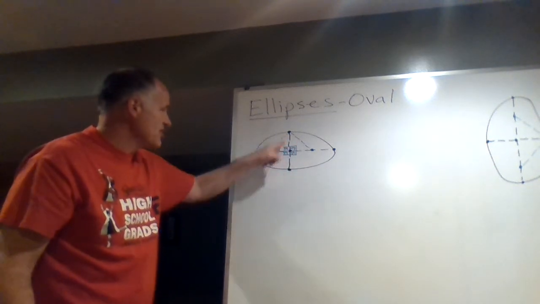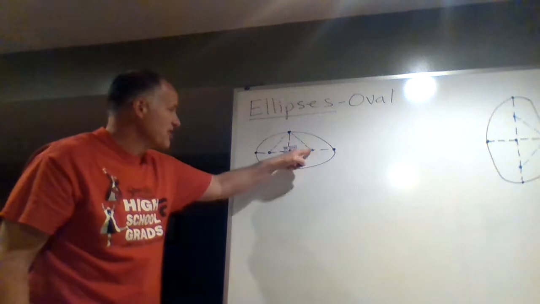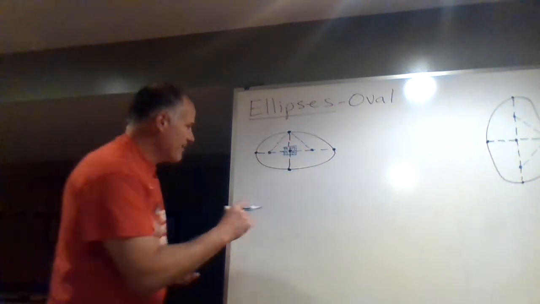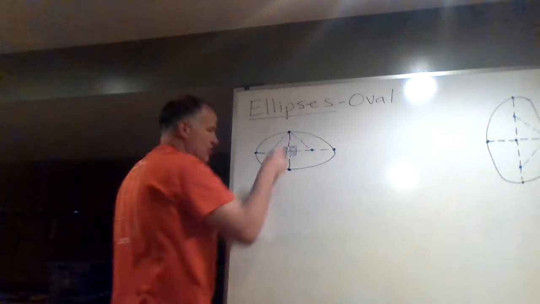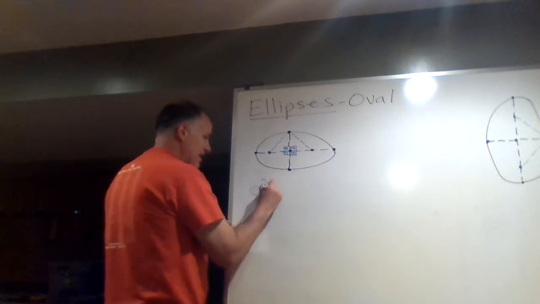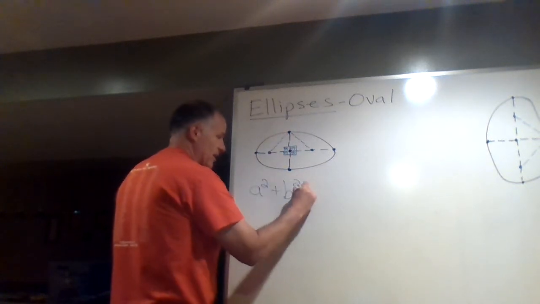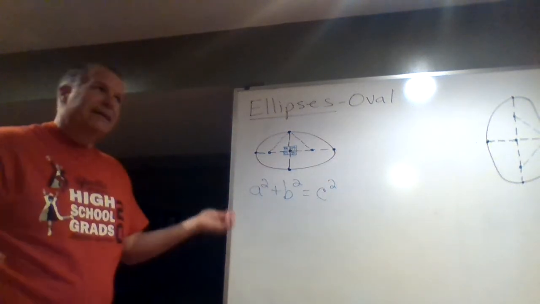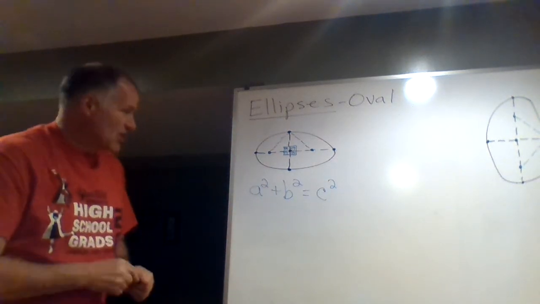So if I think about this right here, the distance to the focus is like my hypotenuse. So remember, if I have information with a 90-degree triangle, we can use a squared plus b squared equals c squared. Remember that? So again, that's the application here.